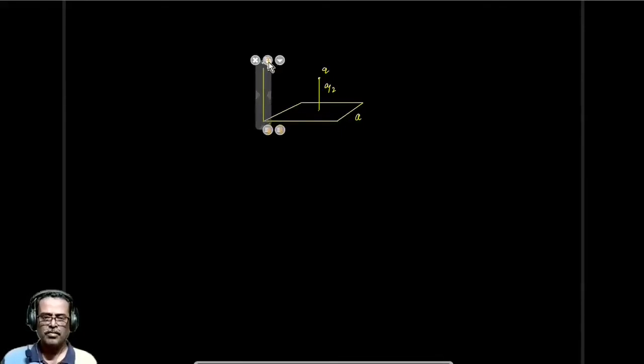Now we will discuss some popular problems. Suppose this is a square of side A, and a charge Q is kept at a distance A by 2 from the center of the square. Now we have to find the flux crossing this surface. If we consider a Gaussian surface, then that will be a cube of side A, and the charge is at the center of the cube.